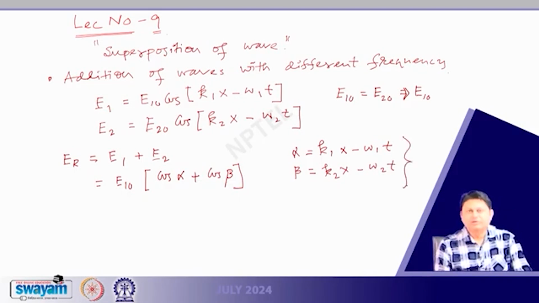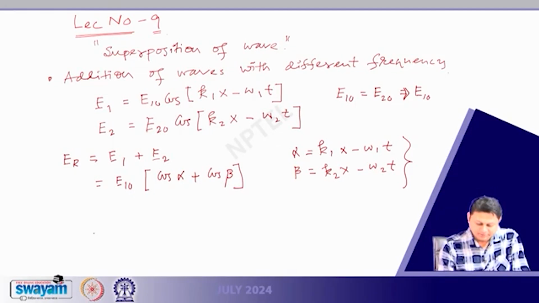This is the value of alpha and beta, and now we try to figure out what this value is.